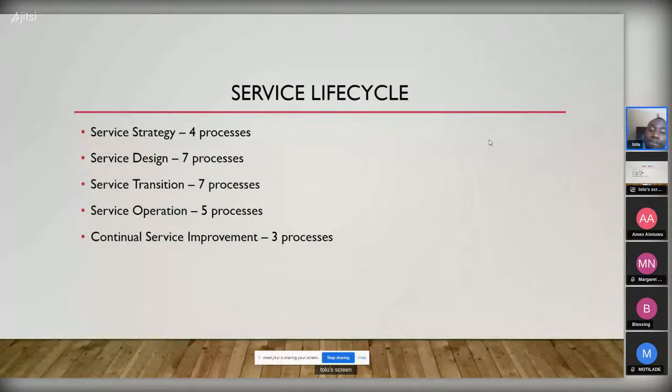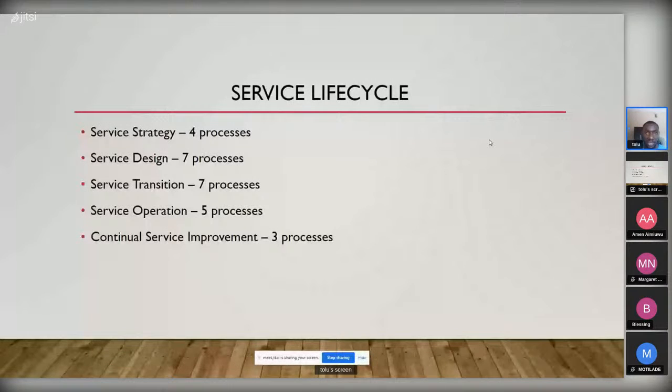All right. So as I'm saying, in the service life cycle we have five stages that the service must go through before it can be called completed, or before you can say the service is going on well. First, you have to have the service strategy.